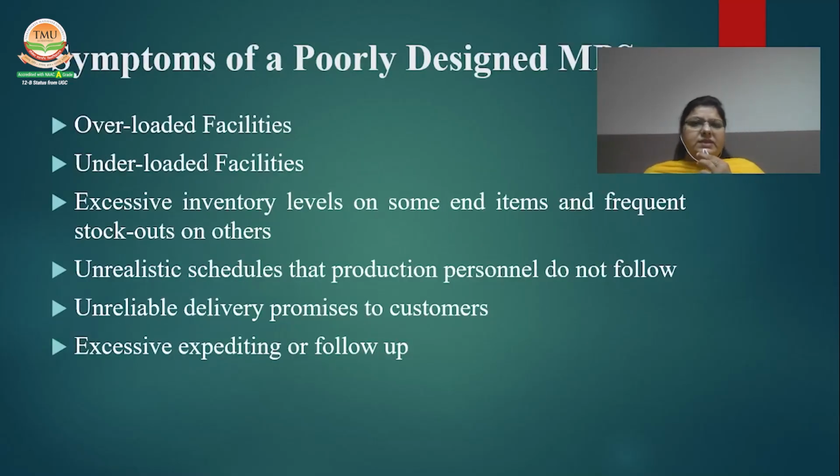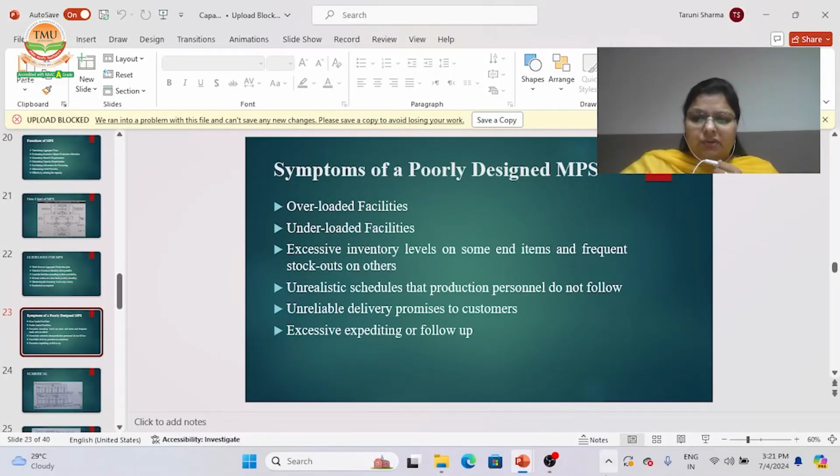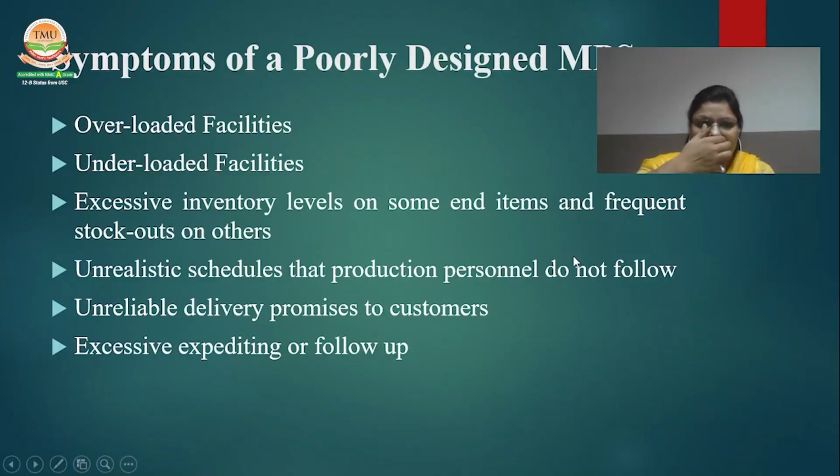What are the basic symptoms of a poorly designed MPS? There are some symptoms that can badly affect the master production schedule. Number one, overloaded facilities. If we have overloaded production and overloaded warehouses, that can be a sign of a poor MPS.